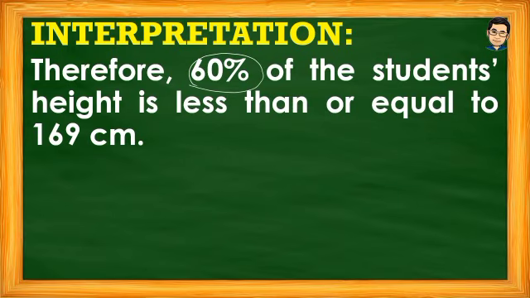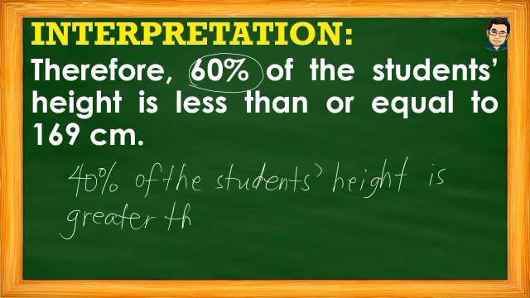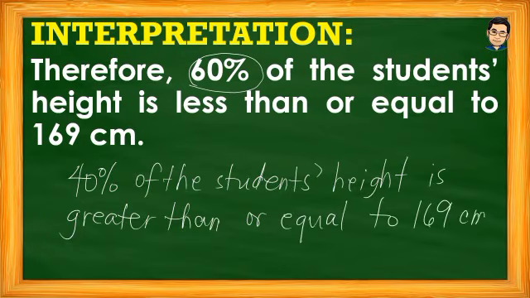Okay. So what is the counterpart of 60%? That is 40%. So kung i-interpret natin yan, yung kabaligtaran niya, 40% of the students' height is greater than or equal to 169 centimeters.